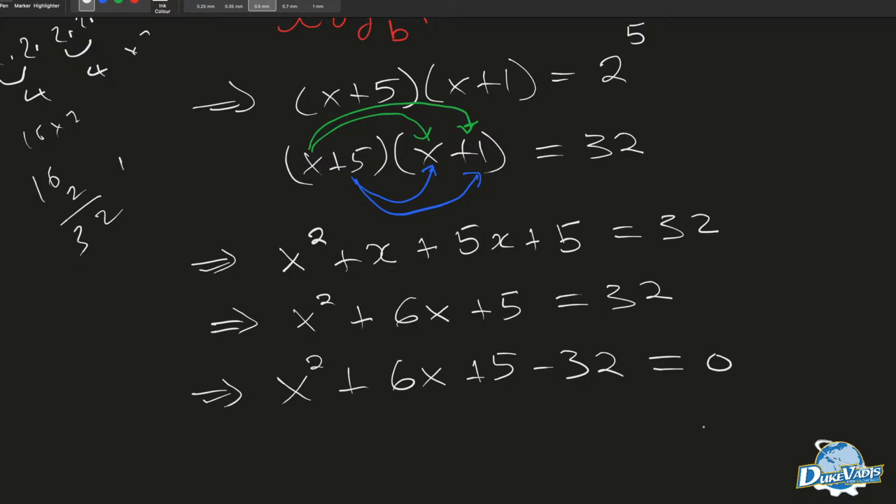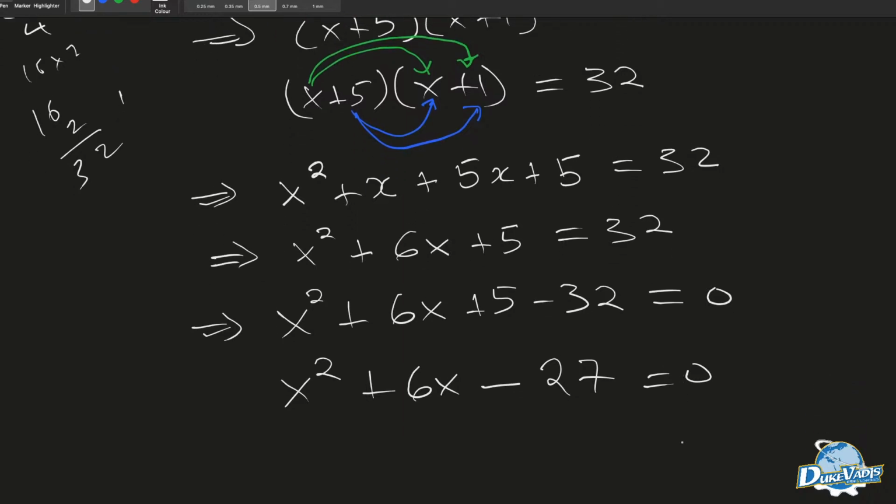So now we are going to get x squared plus 6x minus 27 equal to 0. You see that the complexion of our equation has changed.